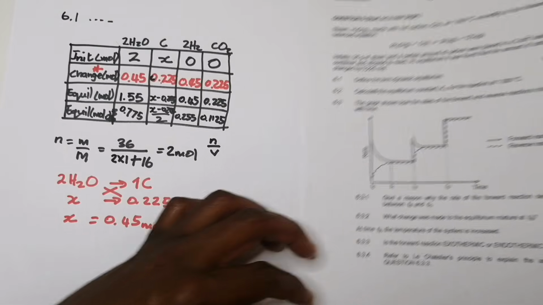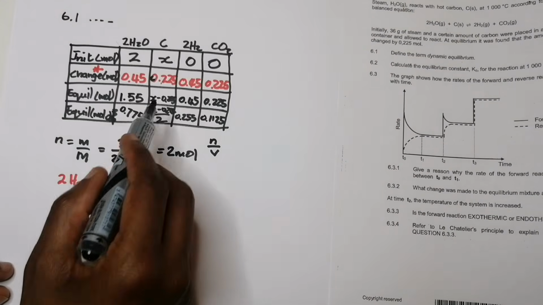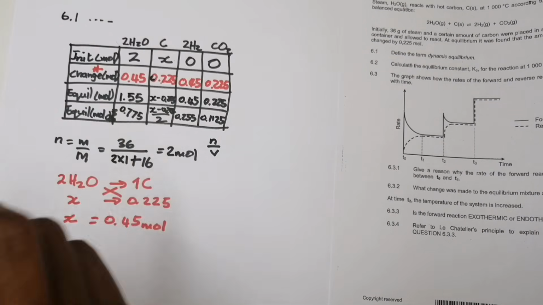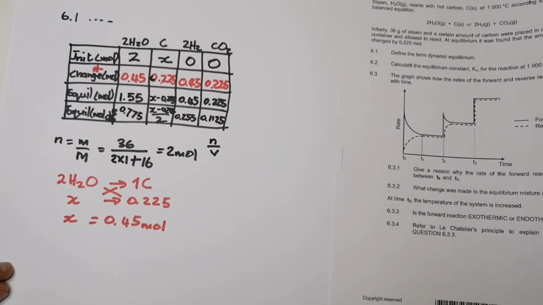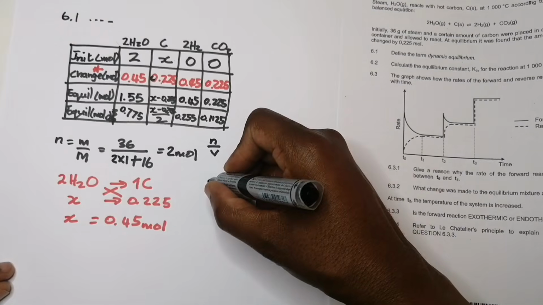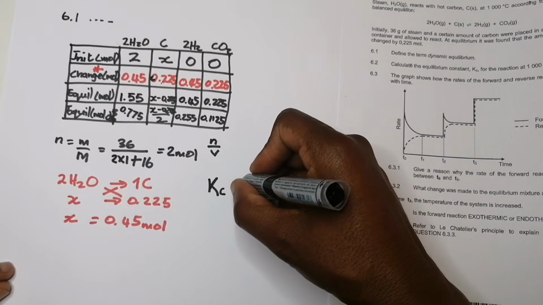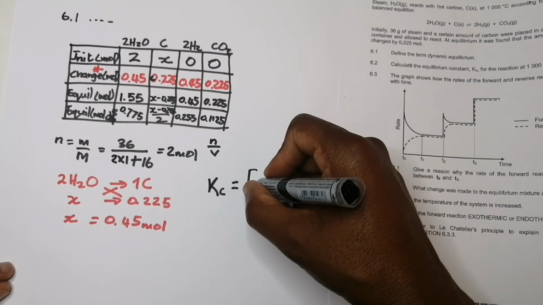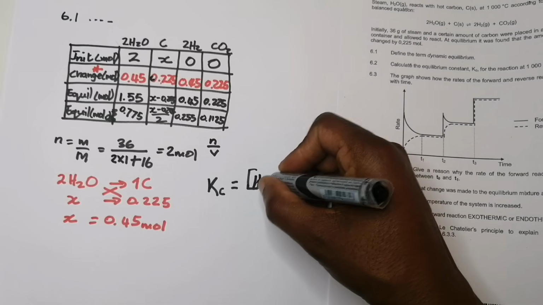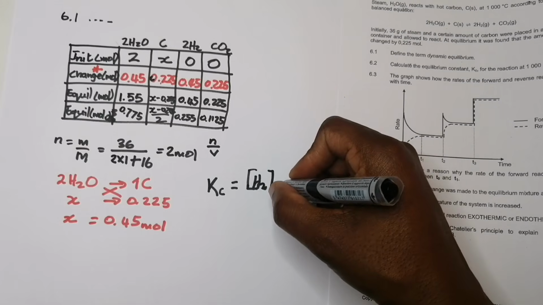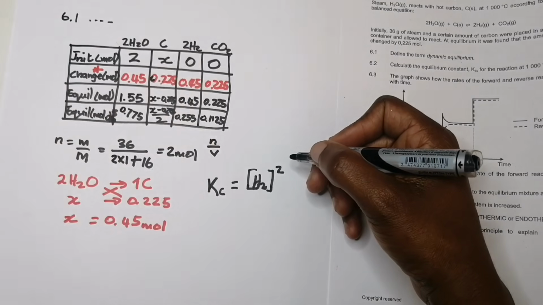Okay, right, now let's calculate quickly. They said we need to calculate Kc, right? Now I'm not too worried about that X amount. Why? Because that's a solid. And remember, when we calculate Kc, we do not include solids, isn't it? So I'm going to say, well, Kc, in this case, is the molar concentration of my products. So what are my products? It's going to be hydrogen. So that's hydrogen. But remember, my coefficient becomes my power there.